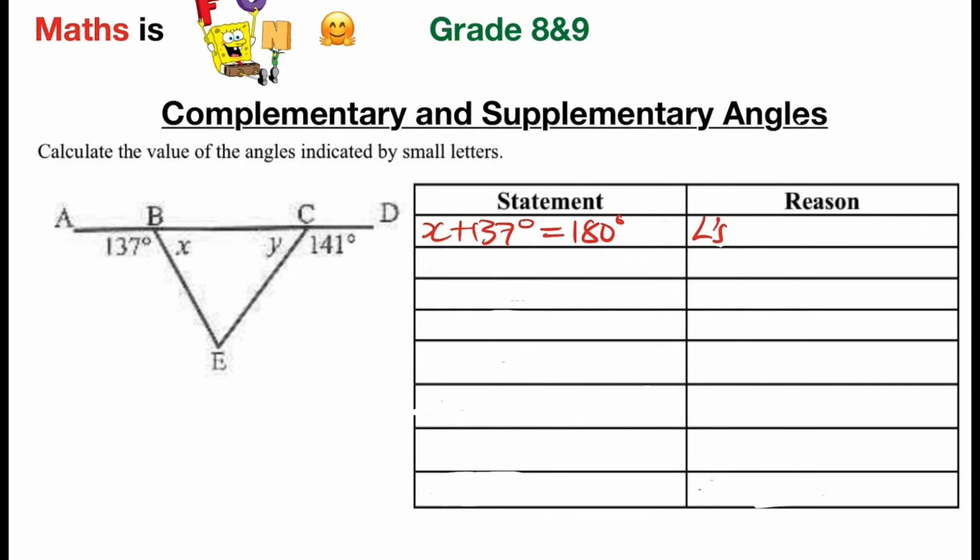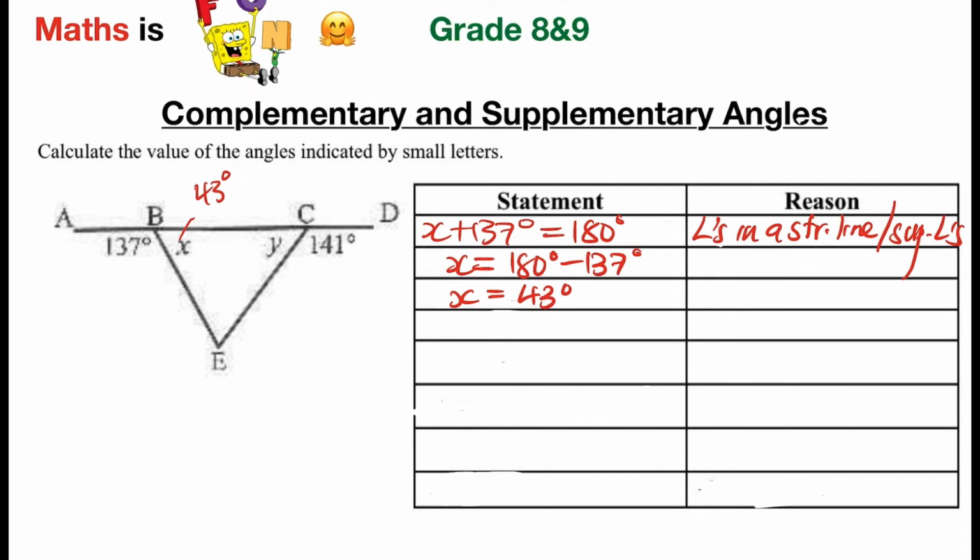We can say angles in a straight line or supplementary angles. So we'll say x is equal to 180 minus 137. Right? So x is equal to 43 degrees. So we have x here, it's 43 degrees.